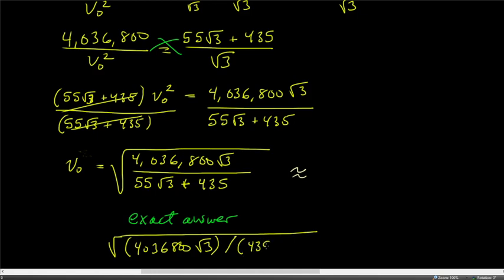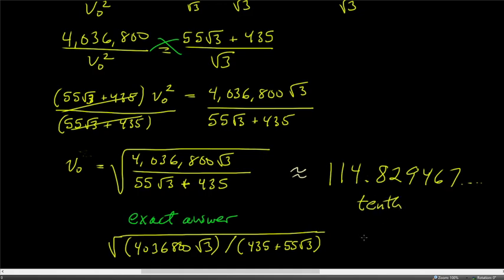I would do 435 plus 55 square root of 3, close that parentheses, and then when you hit enter, I get approximately 114.829467, blah, blah, blah. So to the nearest tenth, it would be 114.8.